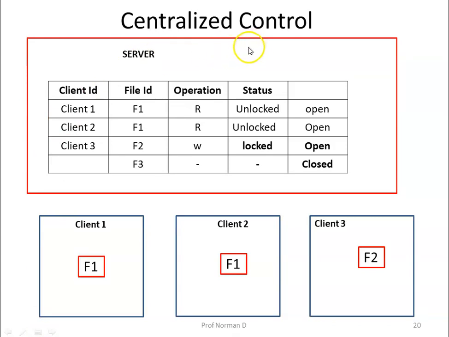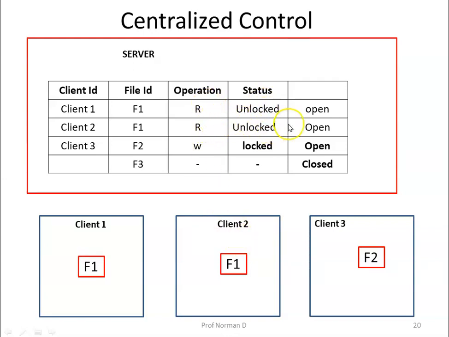So we have the server over here which is maintaining information about different files and which clients are using those particular files. If you look at this particular table, it maintains information about the client ID, the file ID, certain operations that are being performed on those files, and the status of those files. So you can see file 1 is being used by client 1 and client 2, and the operation it is performing is read operation.